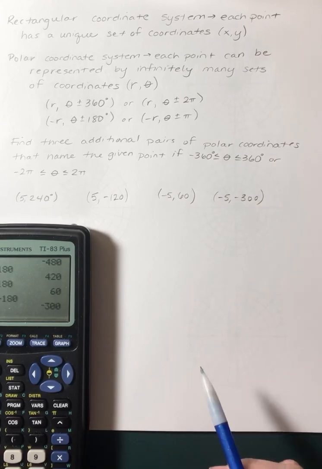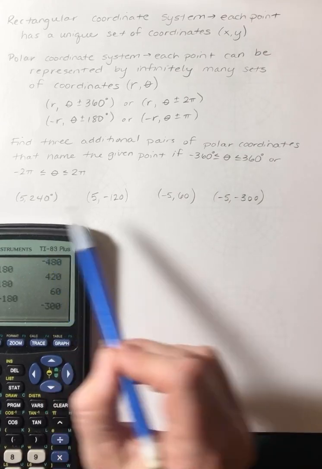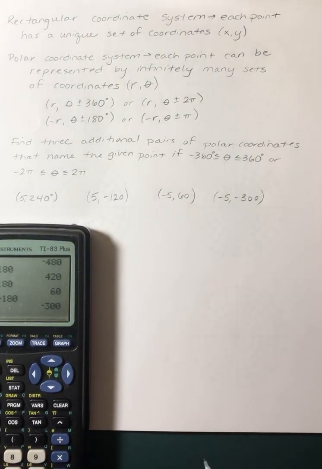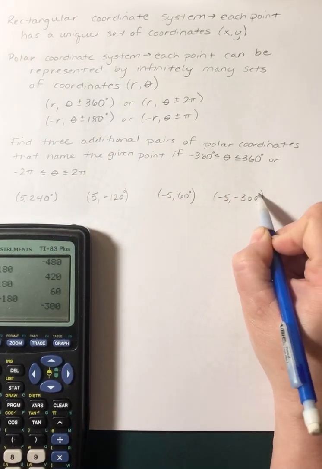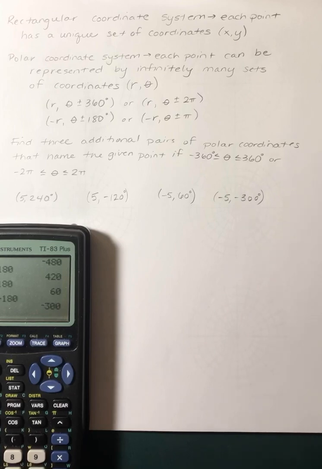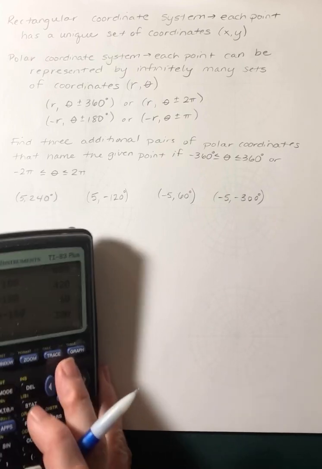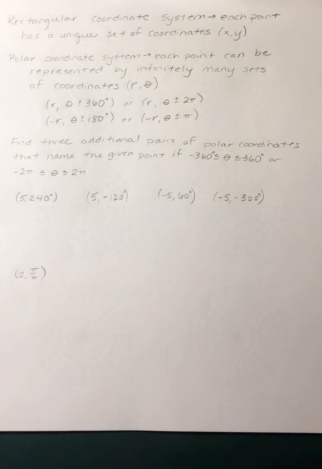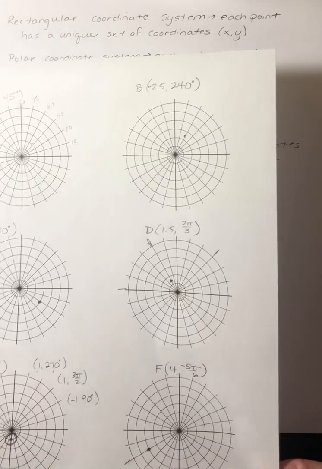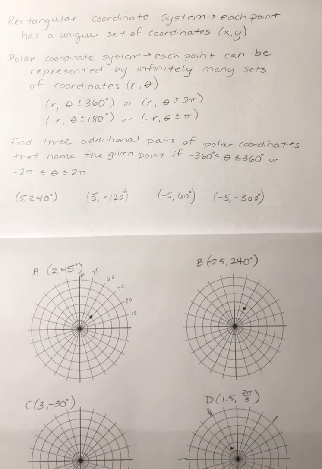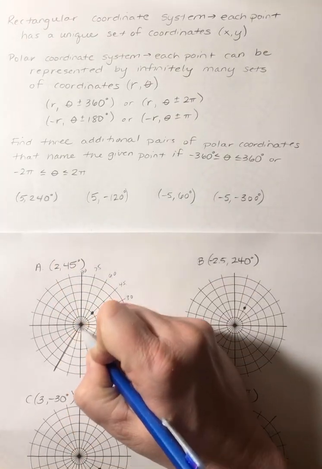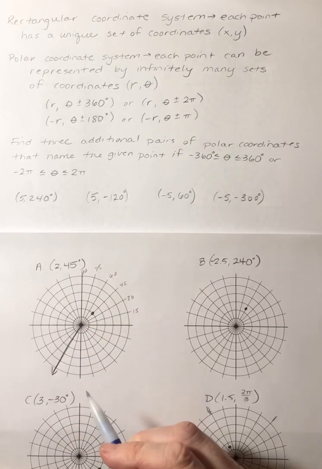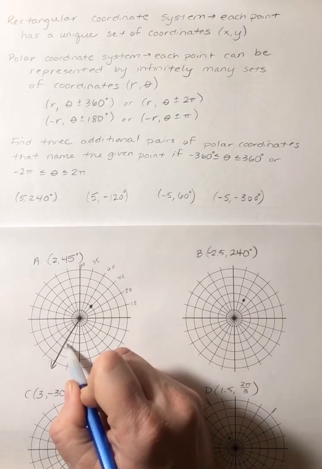And something that you can do, if you're not super familiar with all of these numbers, the 240 degrees, -120, 60, and -300, is draw yourself a picture, okay? You can take a plain old coordinate plane, or a polar coordinate plane, and just get the idea. So 240 degrees is going to be right here, and -120 right here.